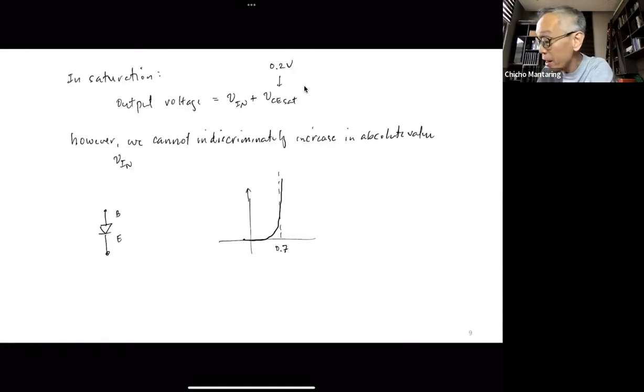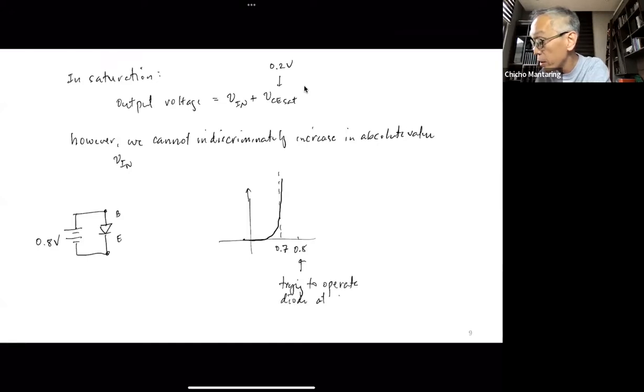What will happen if I apply a voltage of 0.8 volts? I'm trying to operate the diode at this point. But my characteristic curve is only up to here. So what's going to happen, no?